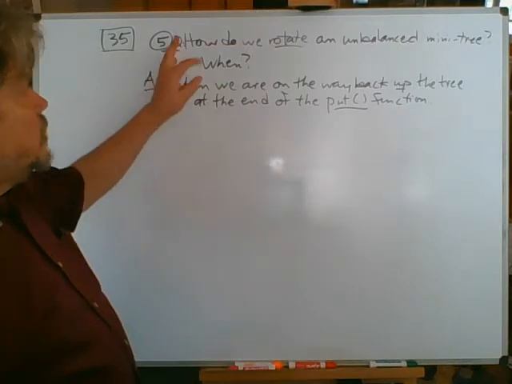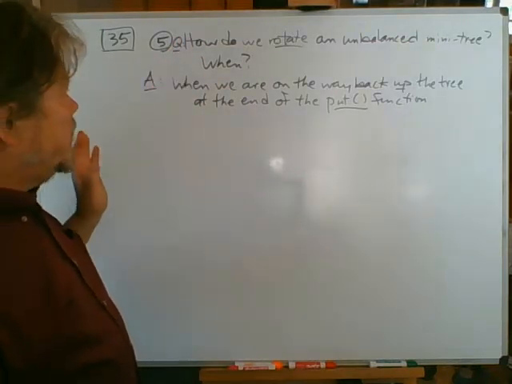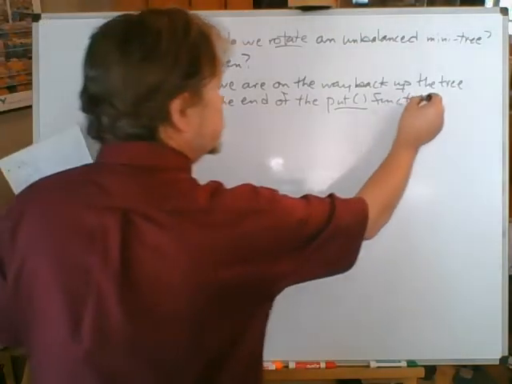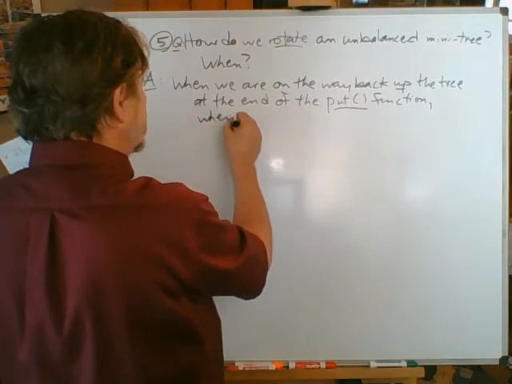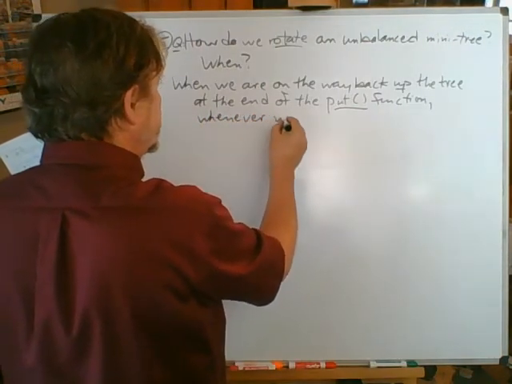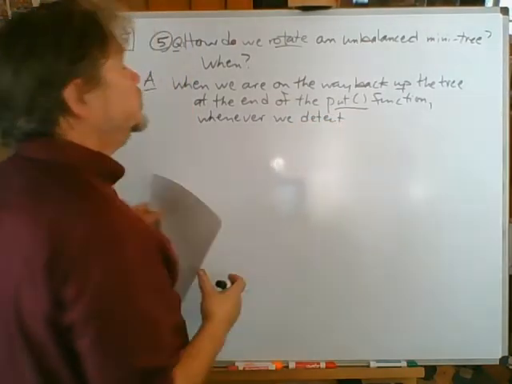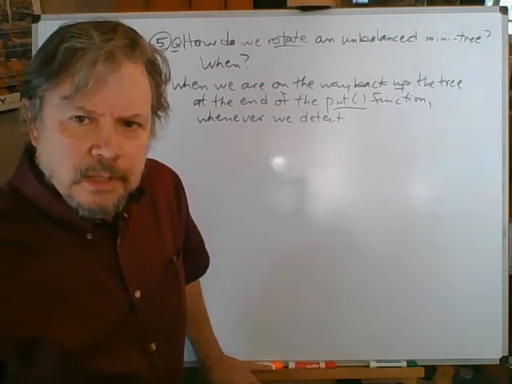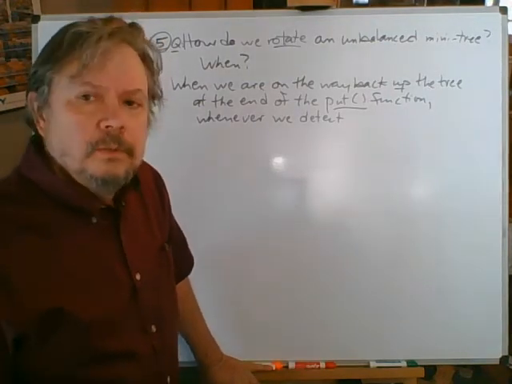Well, when do we rotate an unbalanced mini tree? When we are on the way back up the tree at the end of the put function, well, not in all cases, at the end of the put function, whenever we detect, what is it we're going to look for? An unbalanced mini tree is going to be exactly 2 red nodes in a row.